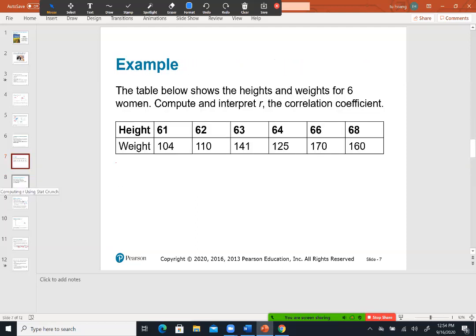Here it doesn't matter because you don't see which one depends on which one. So usually I'm just going to choose height as x and weight as y, or maybe I'm going to check if the notes have that on the next page.